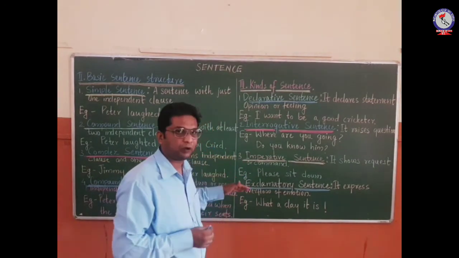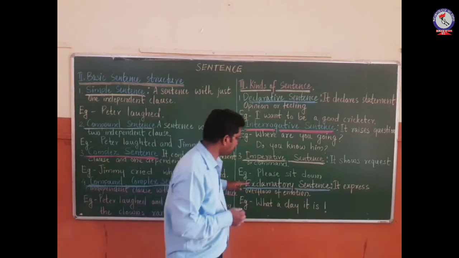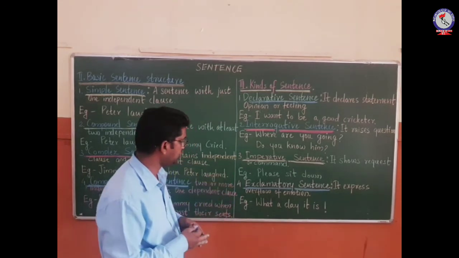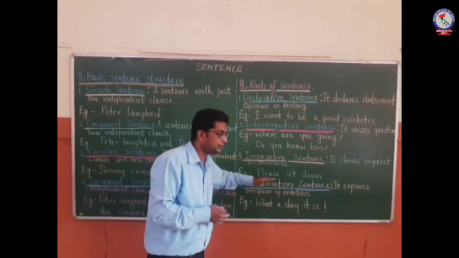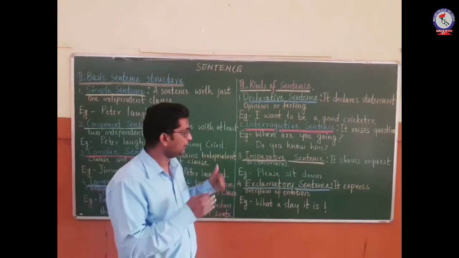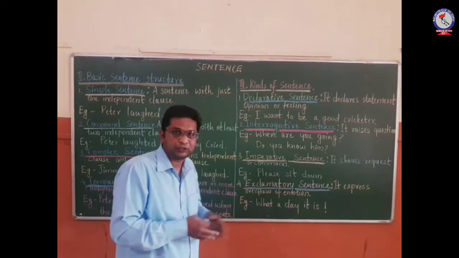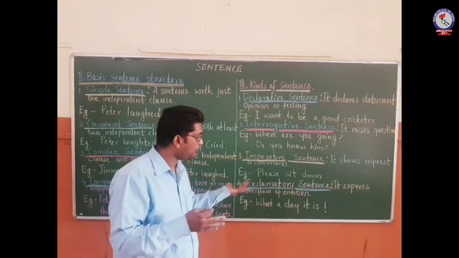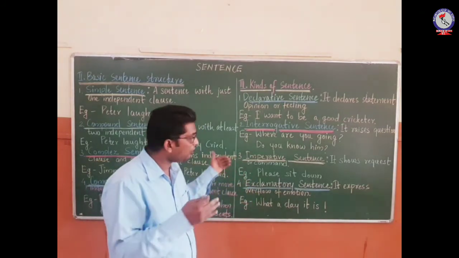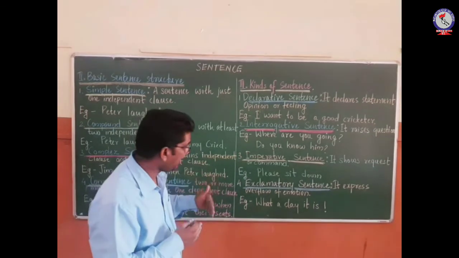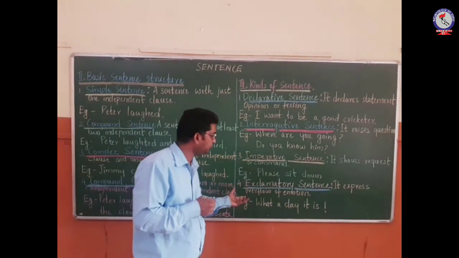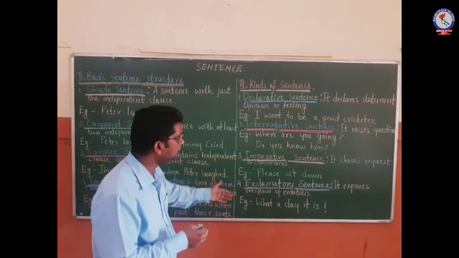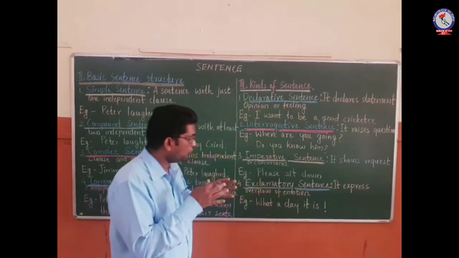Now the fourth type of sentence is the exclamatory sentence. It would express an overflow of emotion like happiness, sadness, or anger. So all these emotions are expressed through the medium of the exclamatory sentence. See here one example. What a day it is.